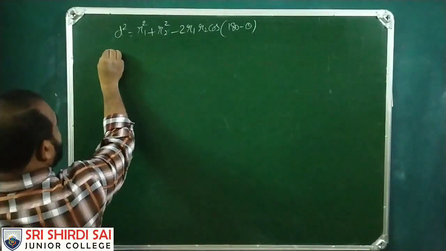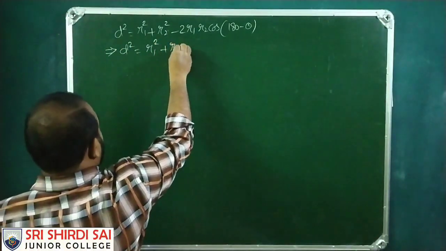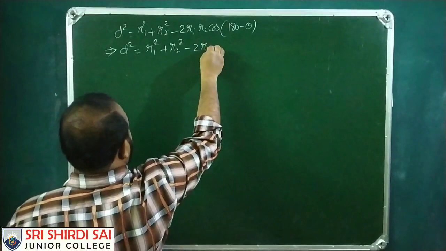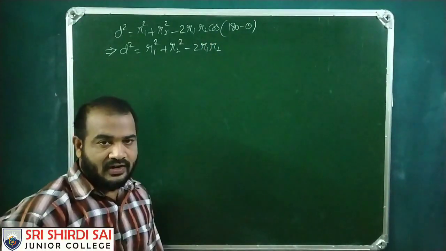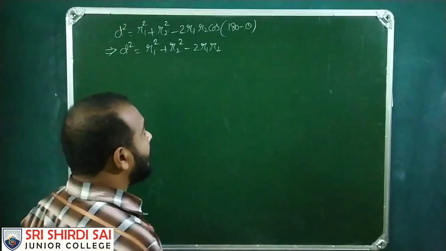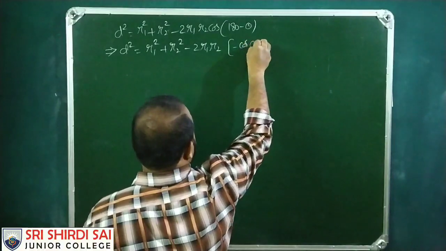So D square equals R1 square plus R2 square minus 2 R1 R2 cos of 180 minus theta. 180 minus theta lies in the second quadrant, so cos of 180 minus theta is minus cos theta.